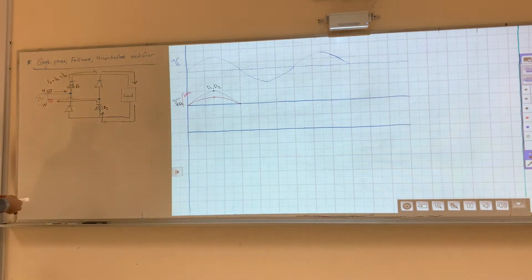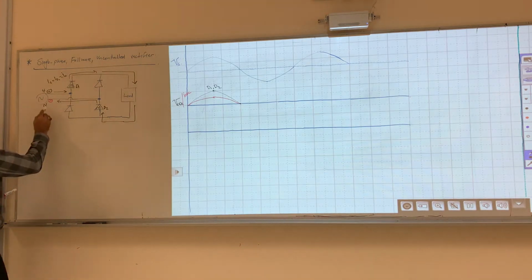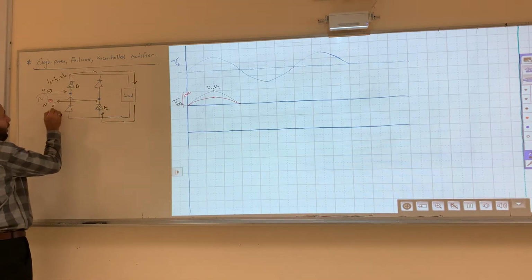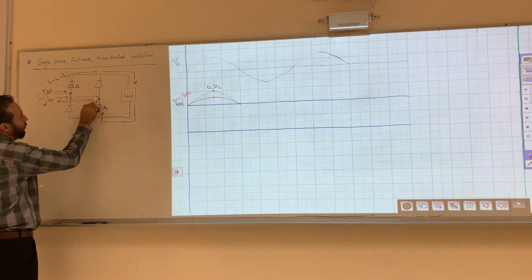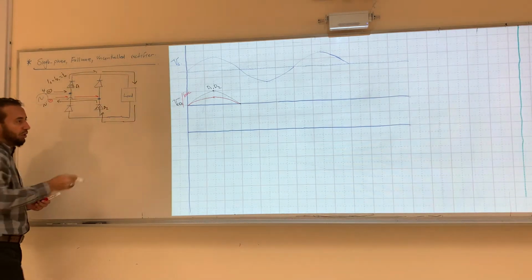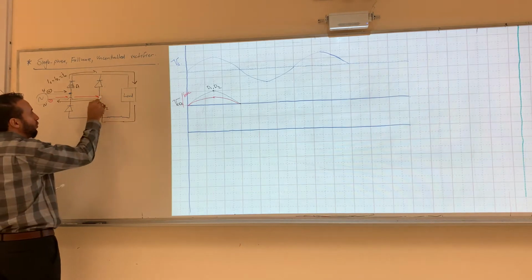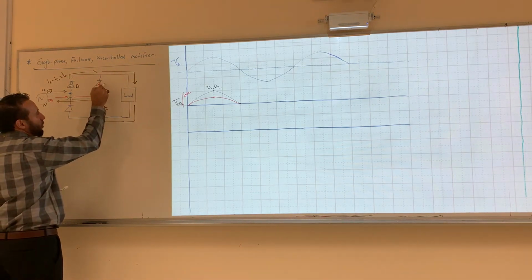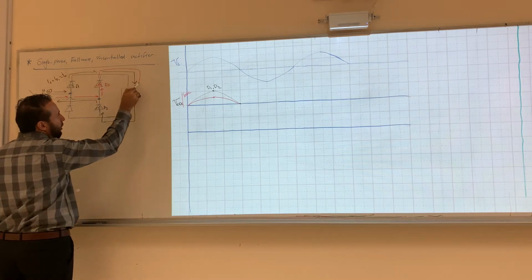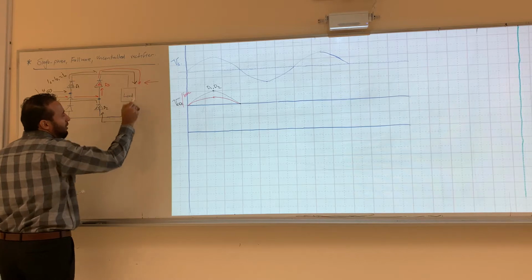Let's see the other part, which is the negative. Now we open a path for the negative, so the negative will go from here. It cannot go down, as we know, so it will go up. So this power diode right here is diode number 3. Look here, guys.